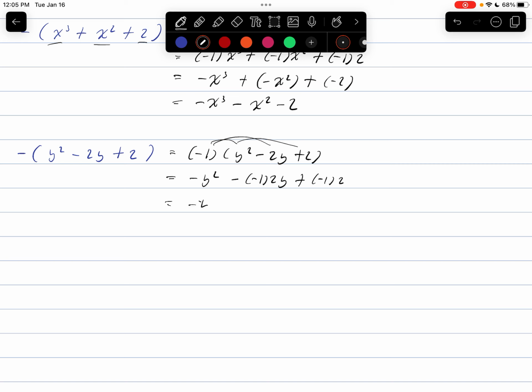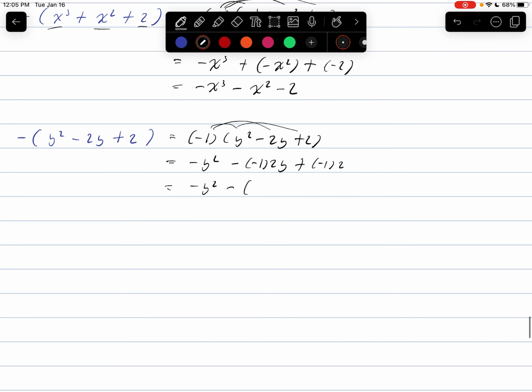So we have negative y squared minus a negative, so we'll have minus -2y, and then minus 2. So this just becomes negative y squared plus 2y minus 2.